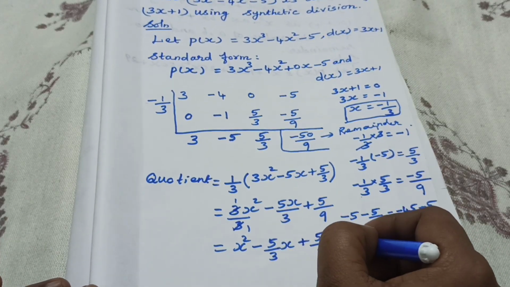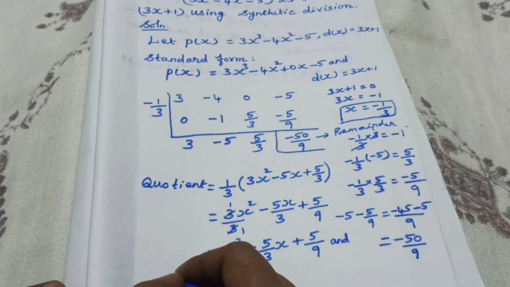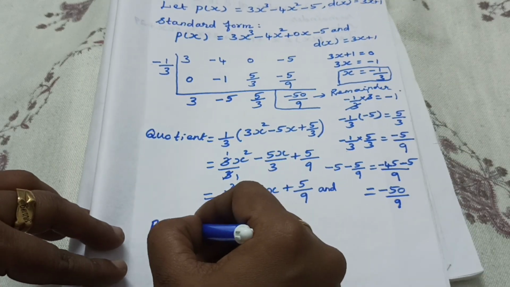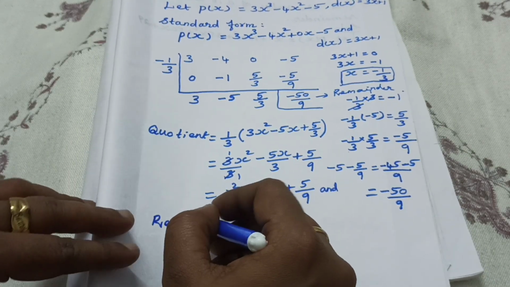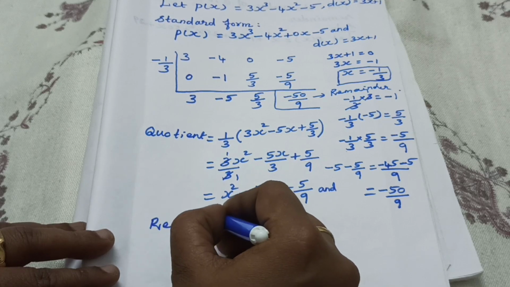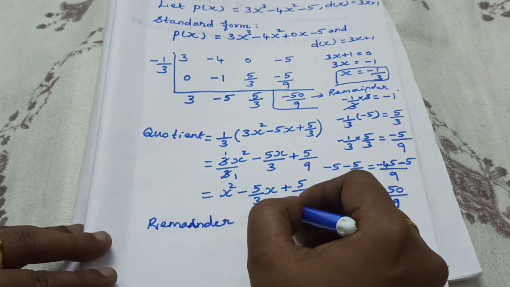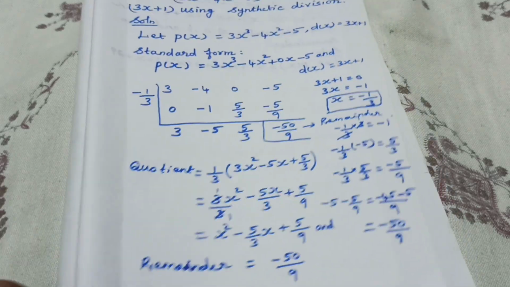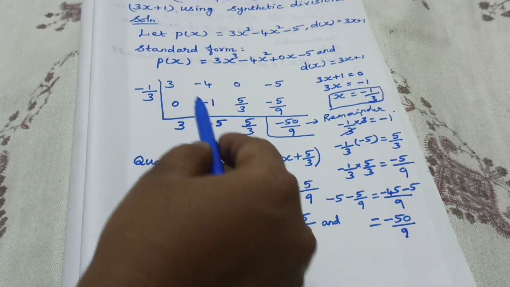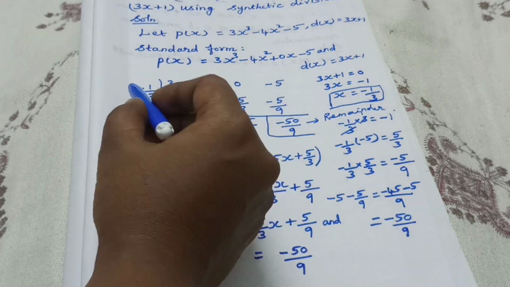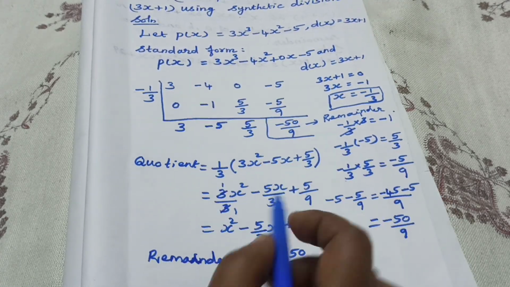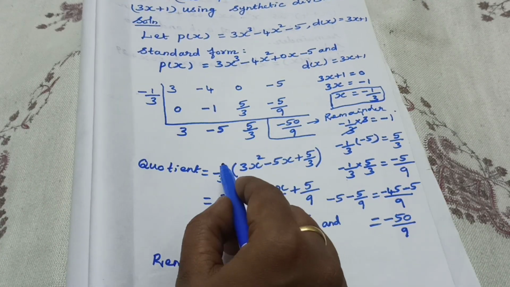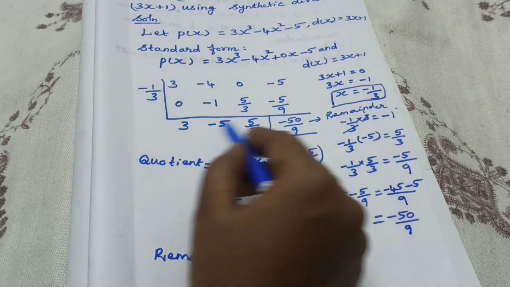And the remainder, what's the remainder you say? The remainder is equal to minus 50 divided by 9. Any doubts? Here, suppose the fraction is given, only then should you multiply this fraction. Otherwise directly you should write the quotient. Suppose here 1 by 5, you have to multiply 1 by 5 into this one.